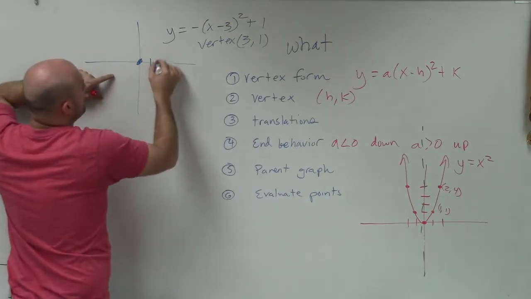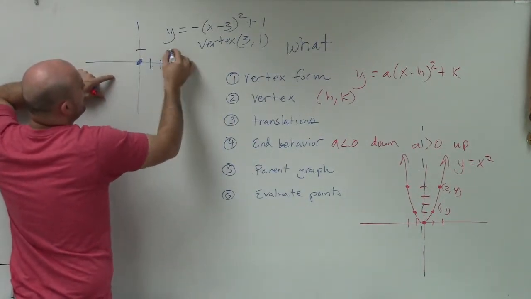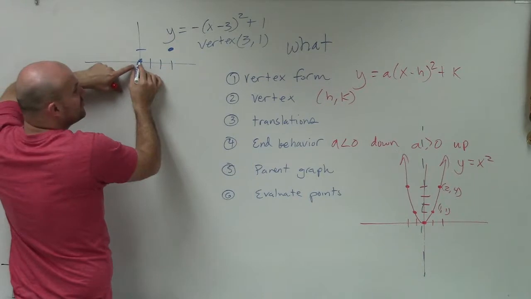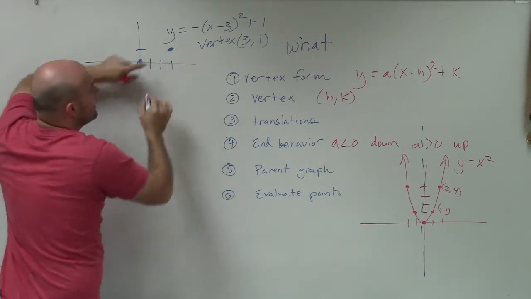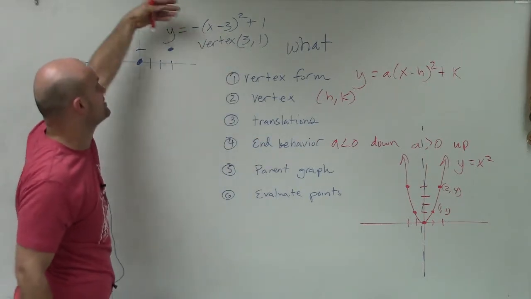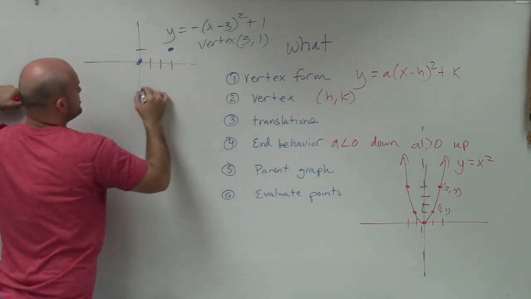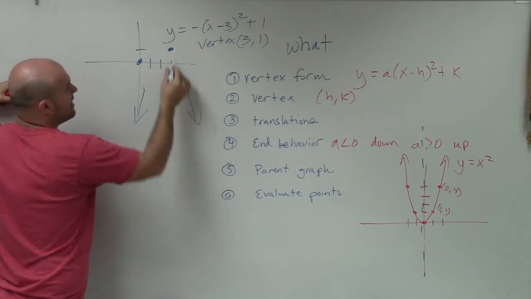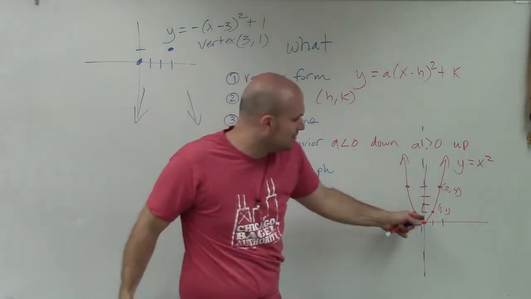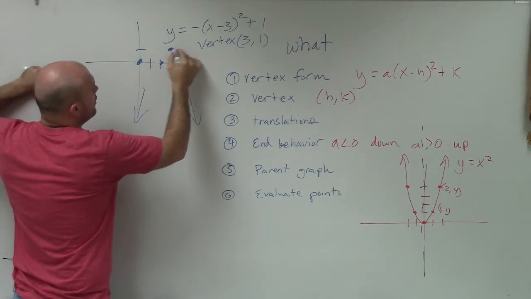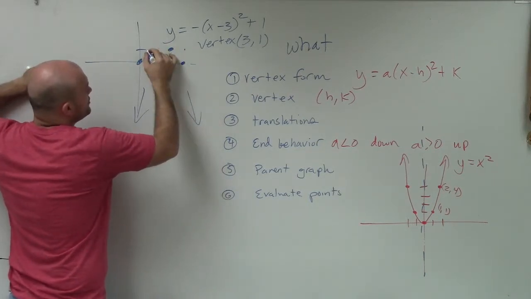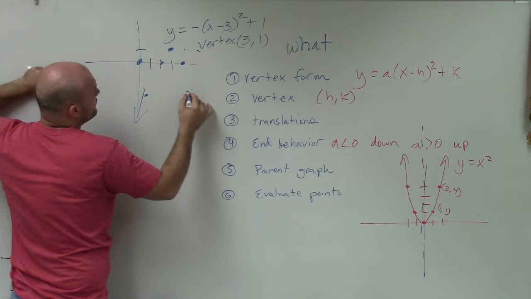So now I went over 1, 2, 3, up 1. So now my vertex has been translated over to this point. I also understand that the end behavior is going to tell me to open down. So it's going to look something like this. And then remember the relationship between the points, over 1, up 1. But now the graph is going down. So it's over 1, down 1, over 1, down 1, over 2, down 4, over 2, down 4.